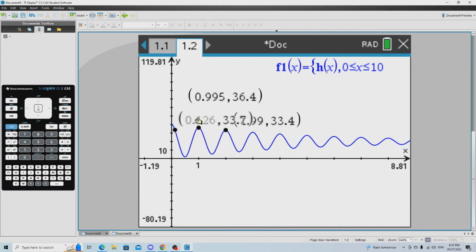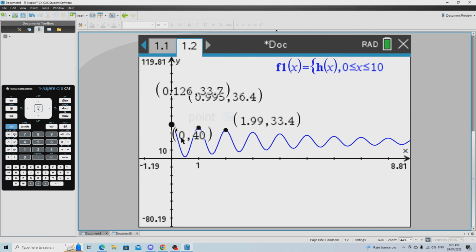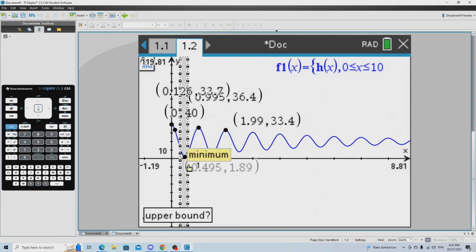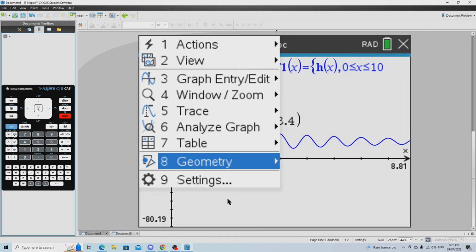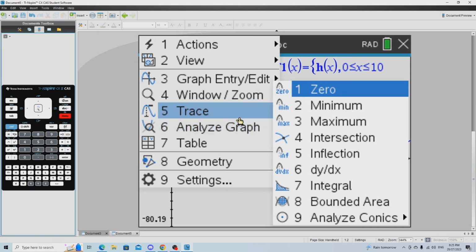Oh, wait, what's happened? Oh, this is wrong. Maximum is this point. Okay, so we want to find that minimum value. So analyze graph, minimum, this point. So that's 1 and that's 2. So we need to find that minimum also.